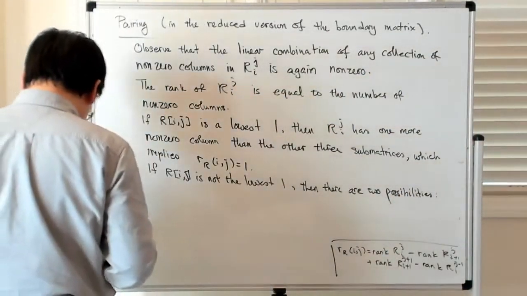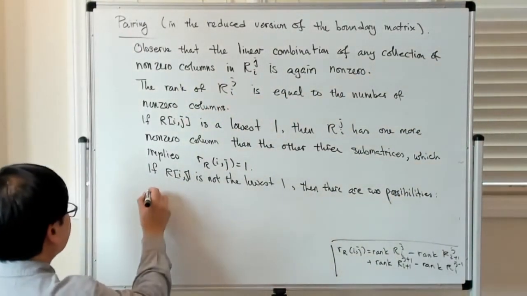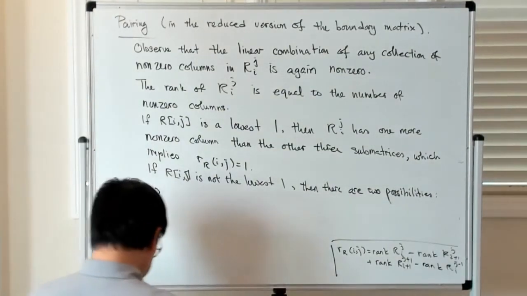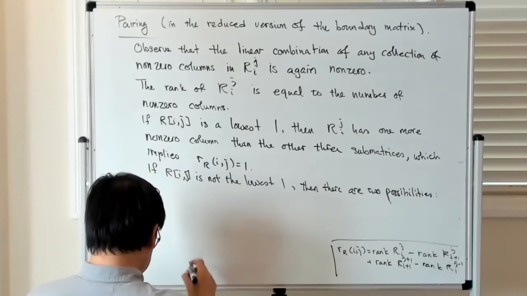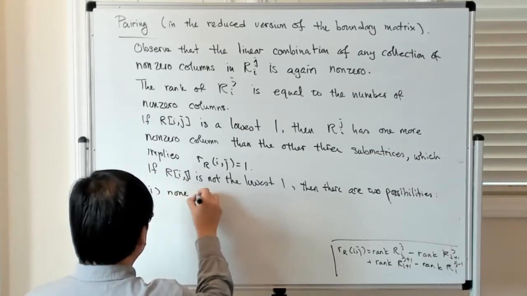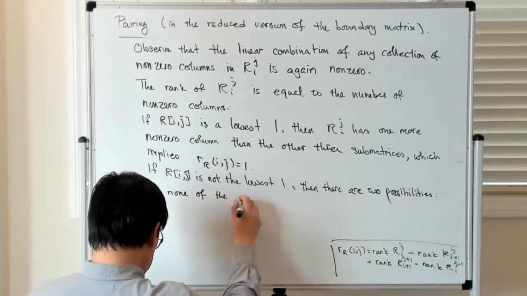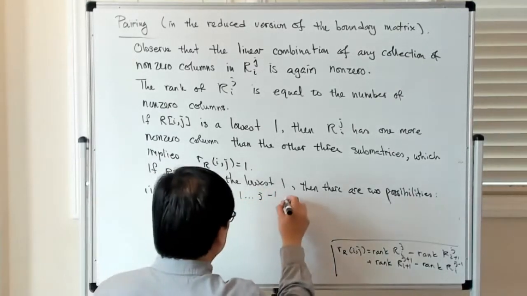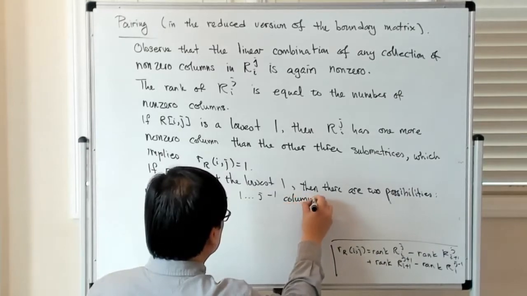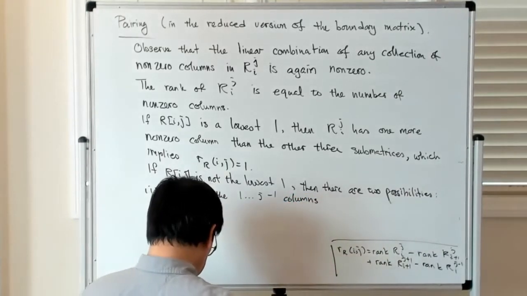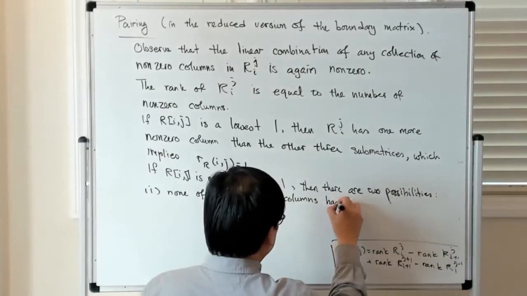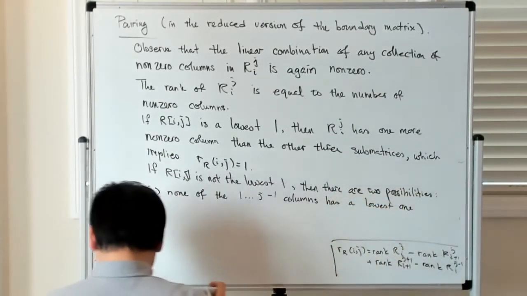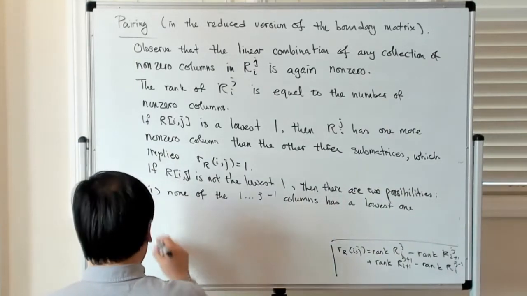The first one is that none of the 1 to j minus 1 columns has a lowest one in row i.